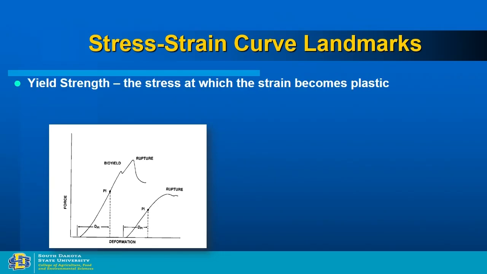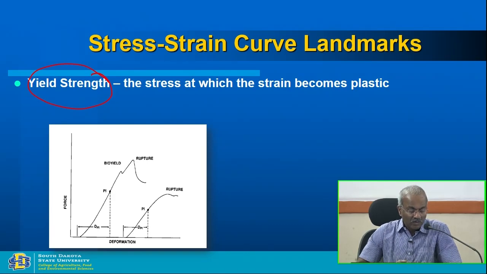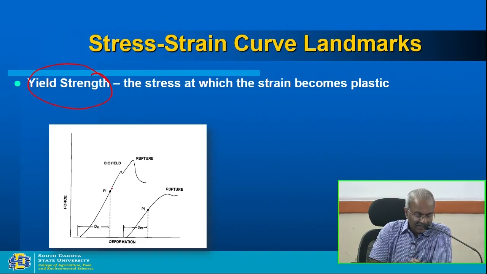The other important information is the yield strength, the strength at which the strain becomes plastic. Okay. Now we are talking about how the biological material will behave. If you look at this curve, this is more of a linear, right?